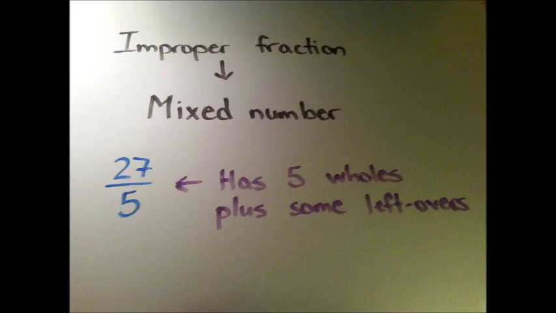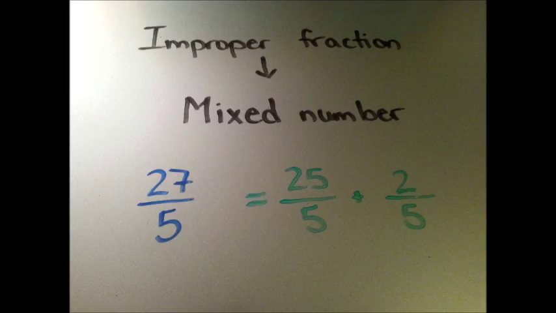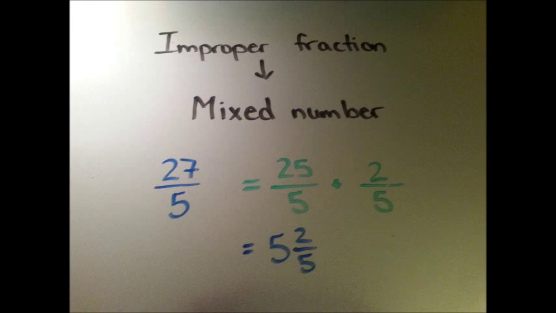Either strategy is great. Once we know that we have 5 wholes, we can think about 5 groups of 5 pieces in each whole unit. So there's 25/5. How many leftover pieces are there? There are 2/5 left over. So 27/5 can also be rewritten as 5 2/5.